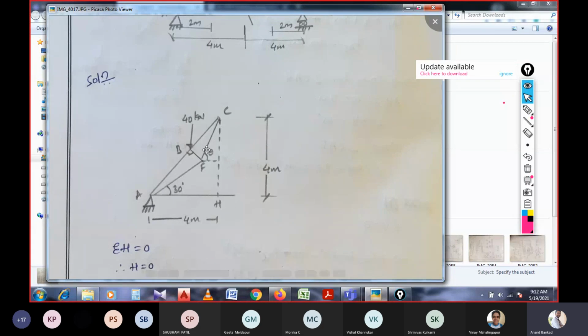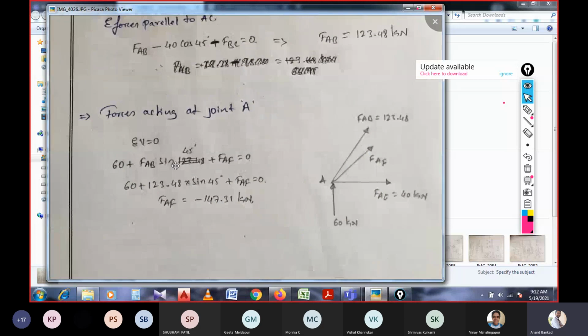In that section, FBC and FFC are already calculated, and in the discussion, now we have resolved FBF and FAB, and now we are only left with FAF. That is how we have resolved it by referring to the vertical forces at the particular joint. So in this joint, FAF is the member, along with FAB and FAE. FAE is already calculated as 40 kilonewton, and FAB is 123.48.